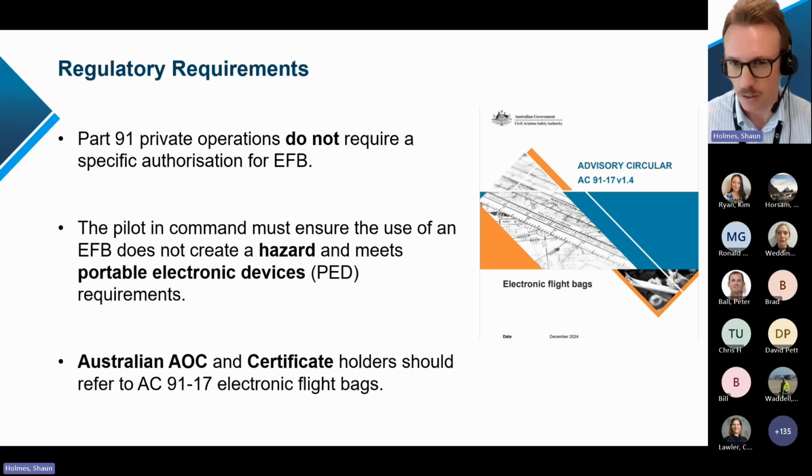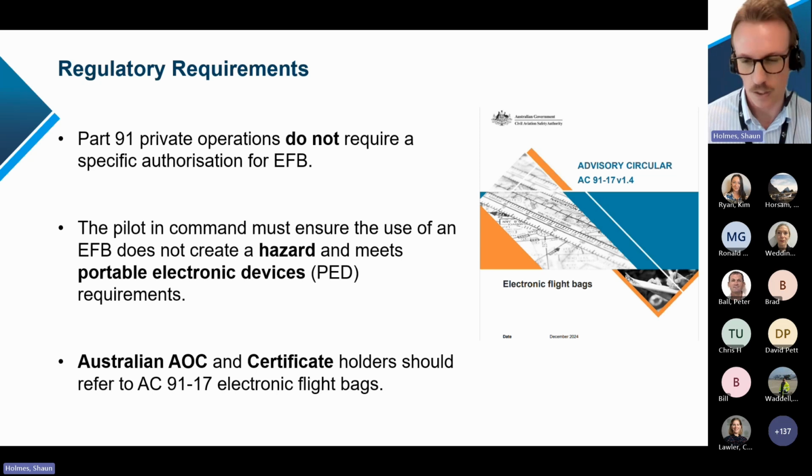CASA does not generally require a specific approval. So if we're talking about 138, 141, 142 type certificate holders, generally we don't require specific approval unless, for example, there's a trigger of a significant change process, but you are required to have certain exposition or operations manual content.